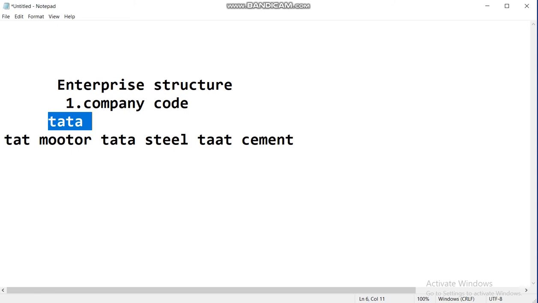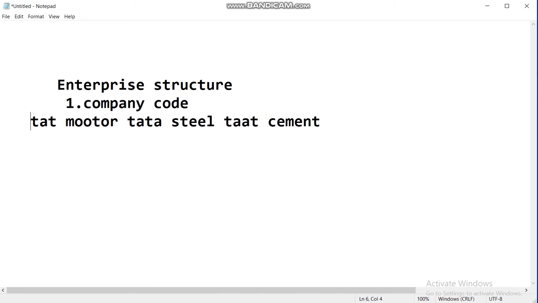At the same time, there is one more scenario where we have multiple company codes. Let's see what that scenario is. For example, Tata Motors is selling their products in some other country, like the US.